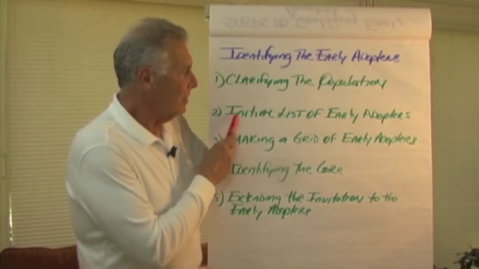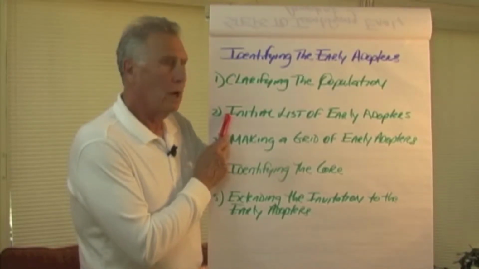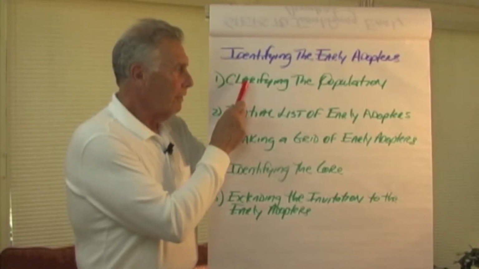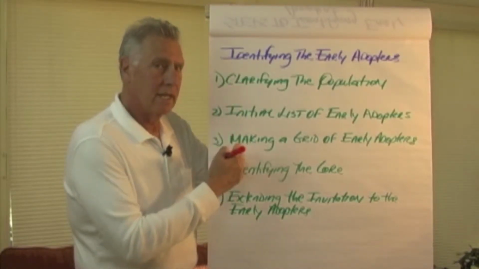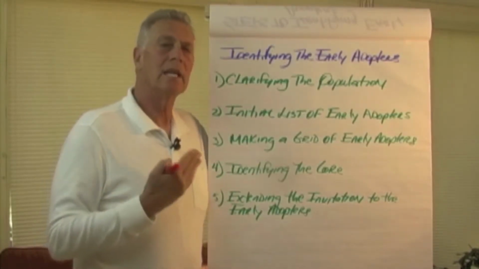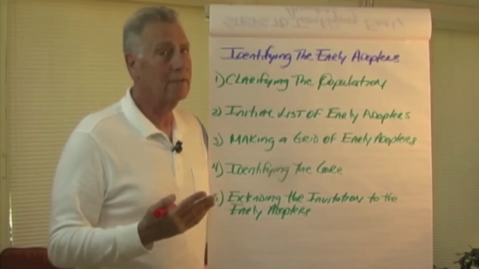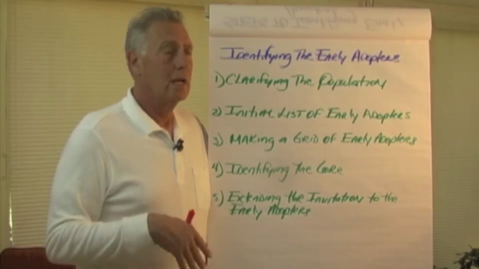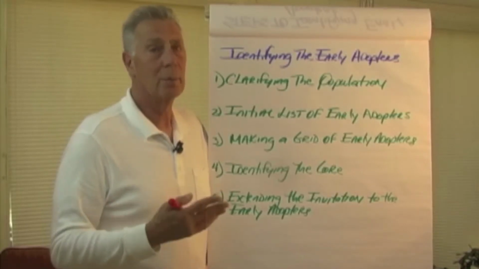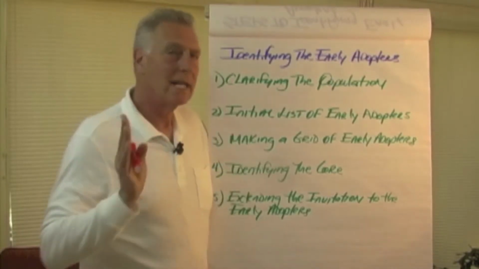Then your next step is to do a first cut of identifying the early adopters. So what you would want to do in that particular step is that the first group of people, the design committee, would have identified maybe 20 other people that they think meet the conditions of either being a maven, an information maven, which is a type of key connector, a salesperson, which are people who have lots of influence with a lot of other people, and what's called a true connector, and those are people who know lots of people.